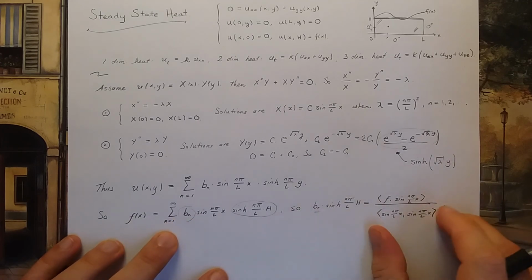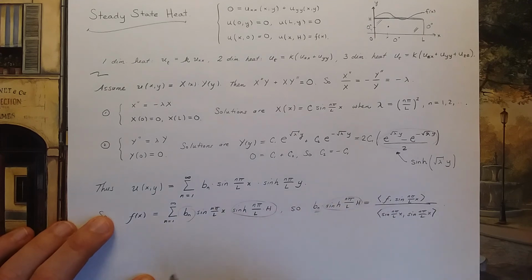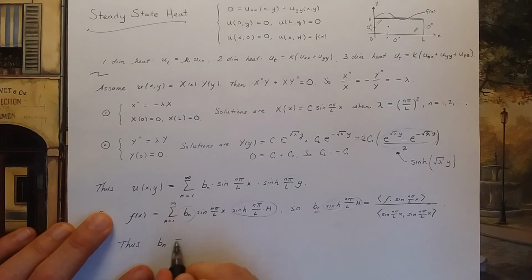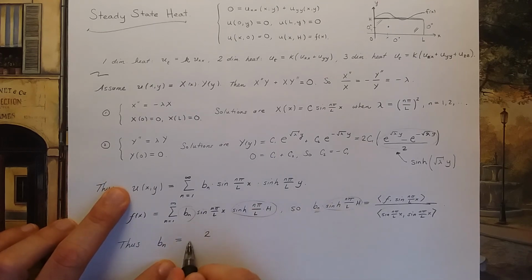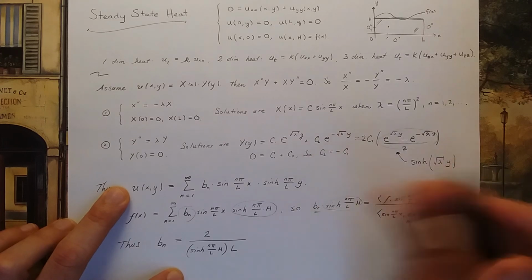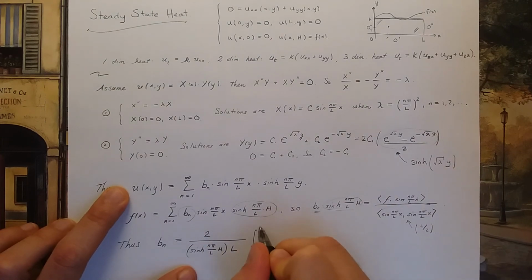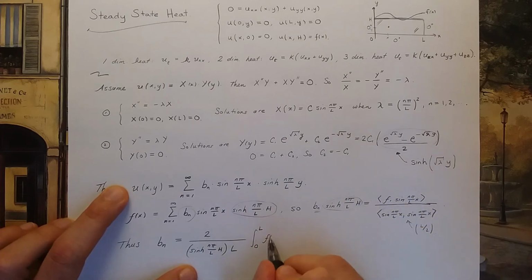I'd like to know the constants bn. This is just some constant, so I'm done with the problem once I write down the constants bn are given by 2 over sinh n pi over L h times L, again using the fact that this term here is equal to L over 2, that's why I get the 2 over L, times the integral from 0 to L, this inner product being f of x times sine n pi over L x dx.